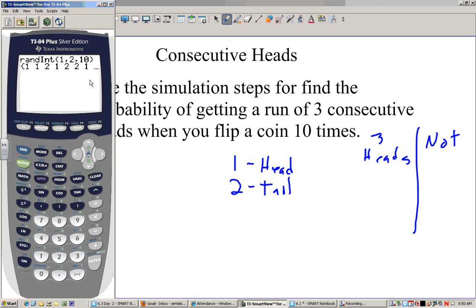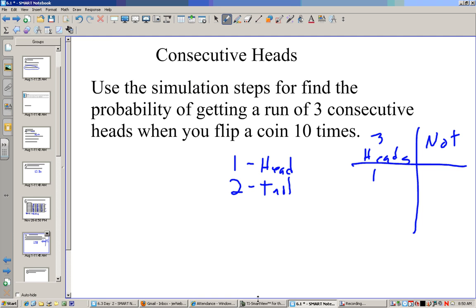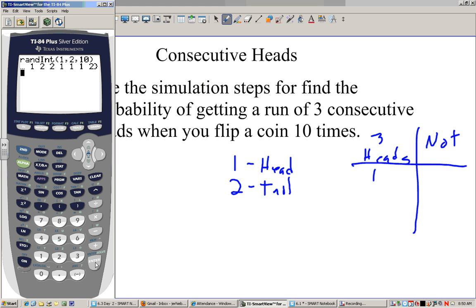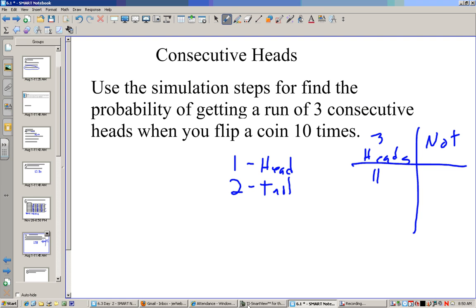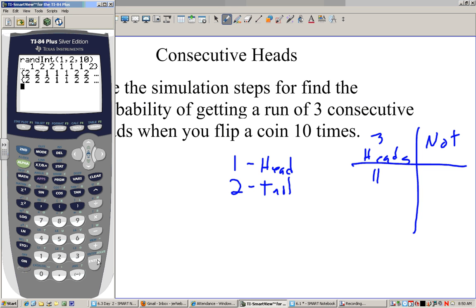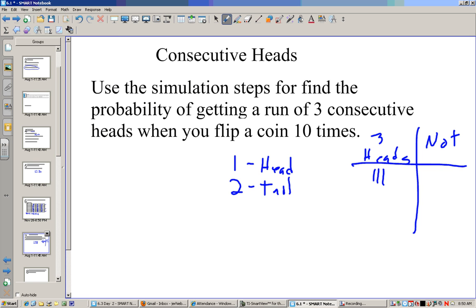So I'll hit enter here. We went 3 ones in a row. Oh, look, we got 3 ones, so that counts. Now if I hit enter again, I get 3 ones there, that counts. Now if I hit enter again, oh, I get 3 ones there, that's working.